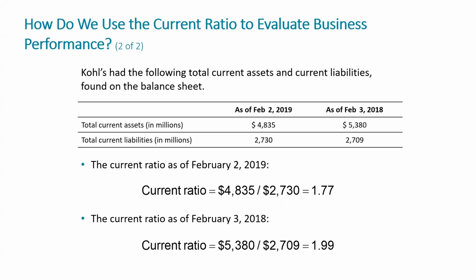Given that the current ratio is above 1.5 for both years, Kohl's Corporation would be considered a less risky investment than another business with a lower current ratio. Similarly, creditors would be more willing to extend credit to Kohl's Corporation than another company with a lower current ratio.